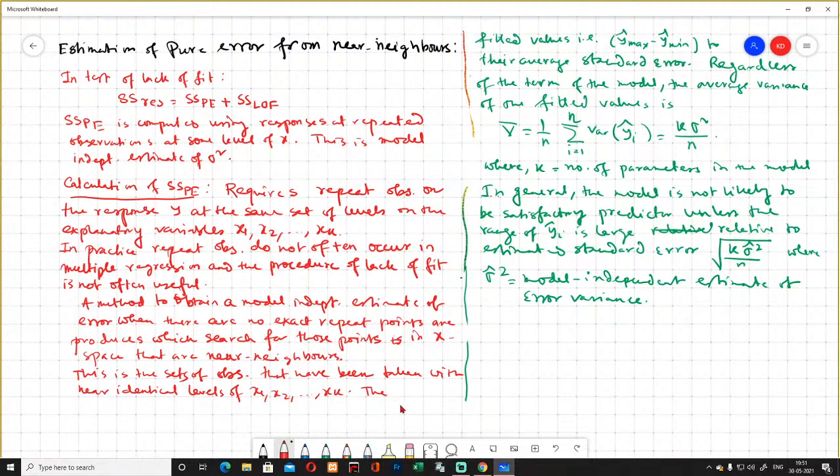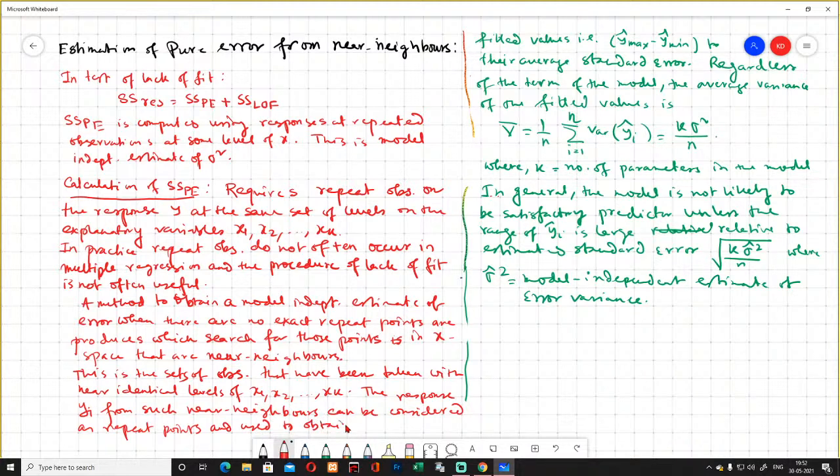The response yi from such near neighbors can be considered as repeat points and used to obtain an estimate of error.